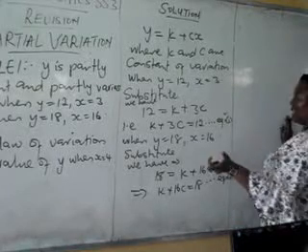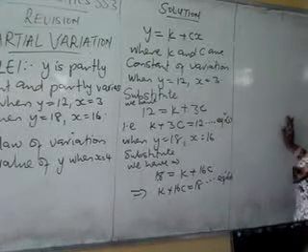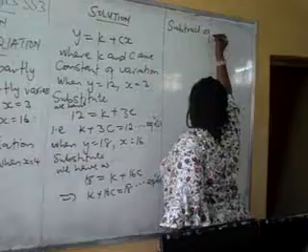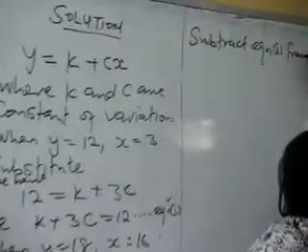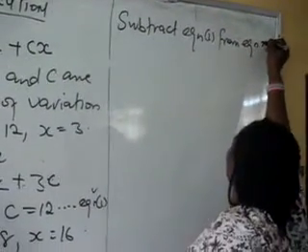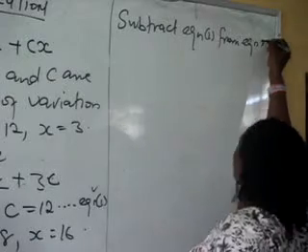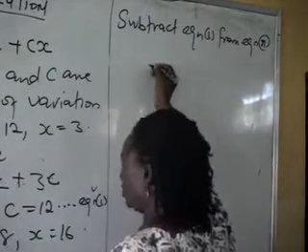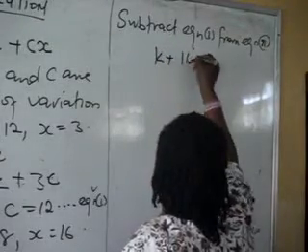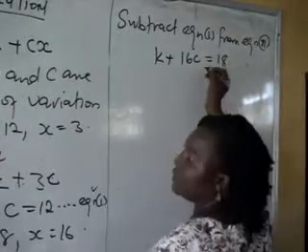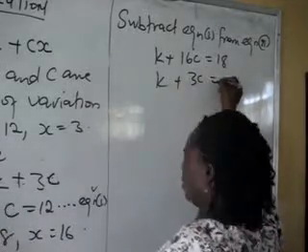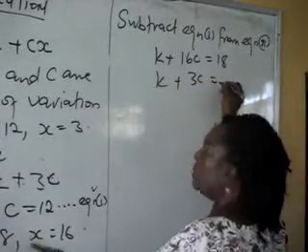Now, let's subtract equation 1 from equation 2. That is k plus 16c equals 18, then k plus 3c equals 12.